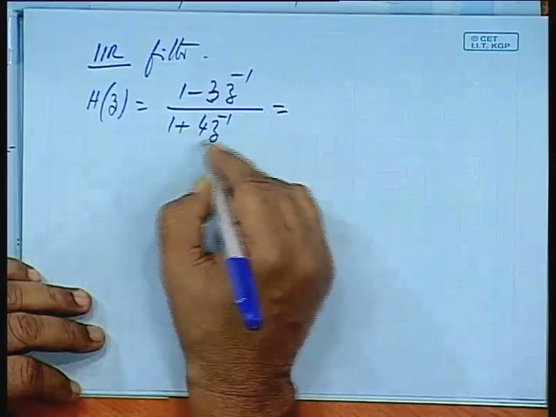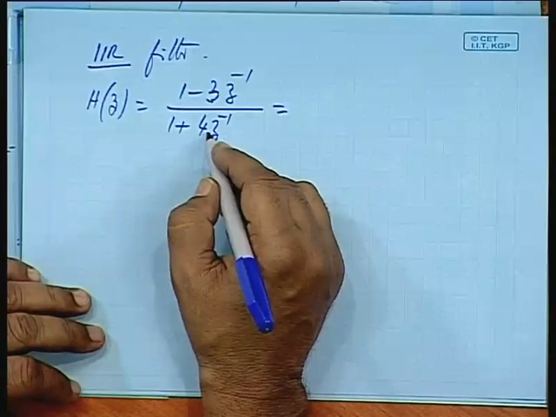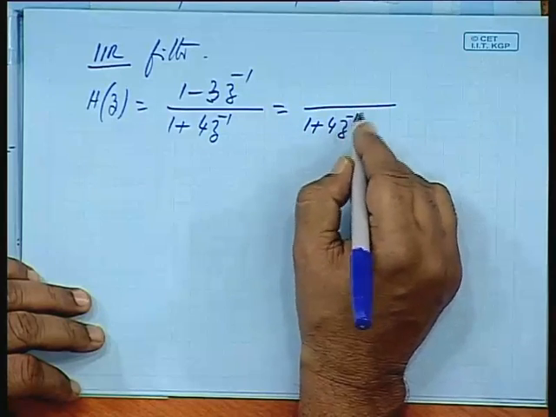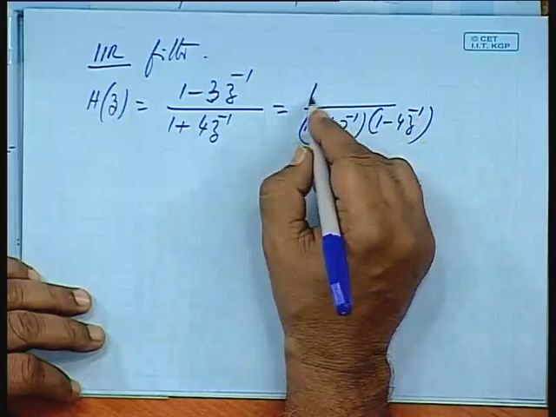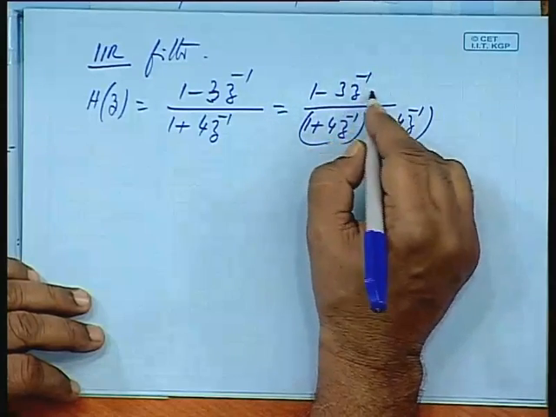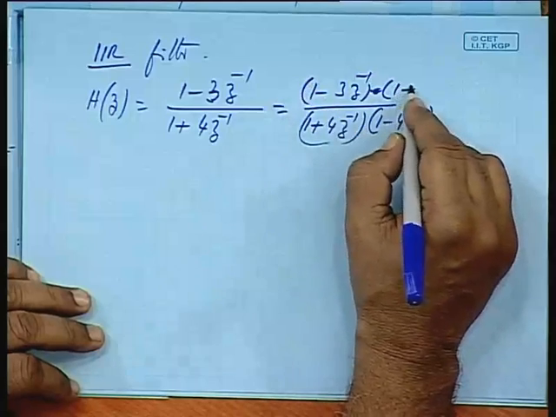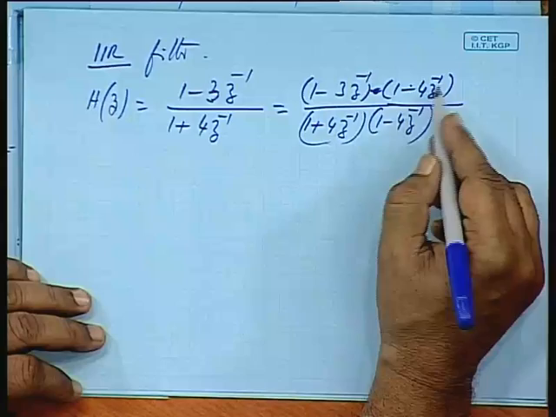So, I reduce this if I multiply by 1 minus 4 Z inverse. Okay, multiply both sides by the same factor.